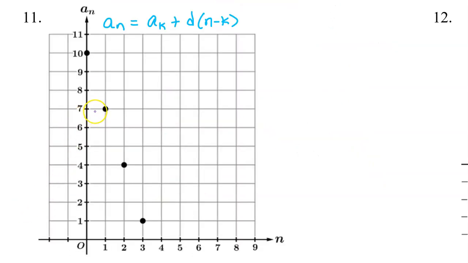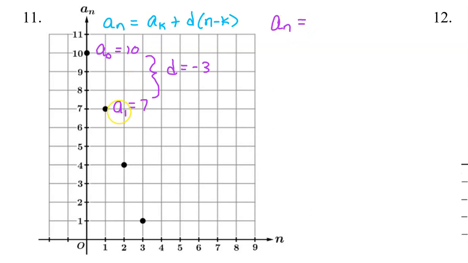In number 11, they have given us the arithmetic sequence graphically. Looking at the first two terms, we see that a0 is 10 and a1 is 7. From 10 to 7, the value decreases by 3, so the common difference is negative 3. And we can now begin writing the expression for an.